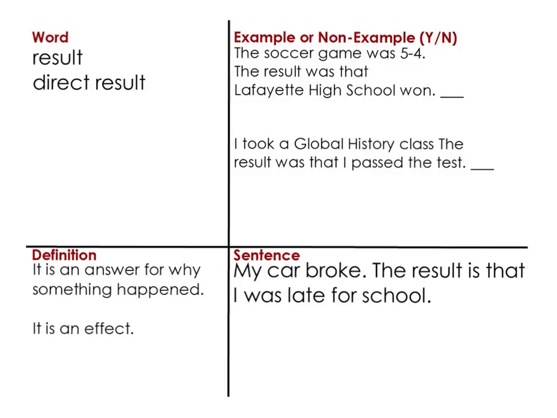Let's read the sentence. I read, then you read. My car broke. The result is that I was late for school. Let's read the example or non-example. The soccer game was 5-4. The result was that Lafayette High School won.